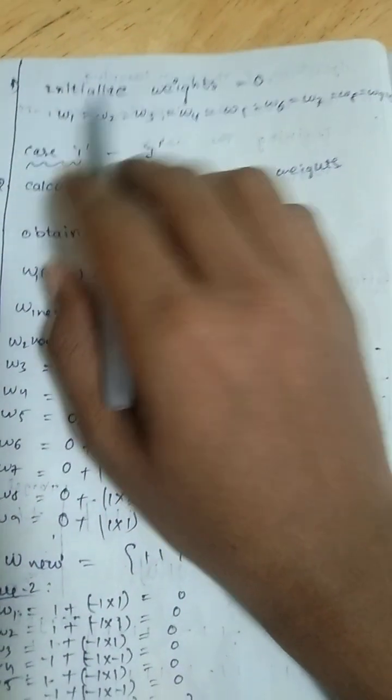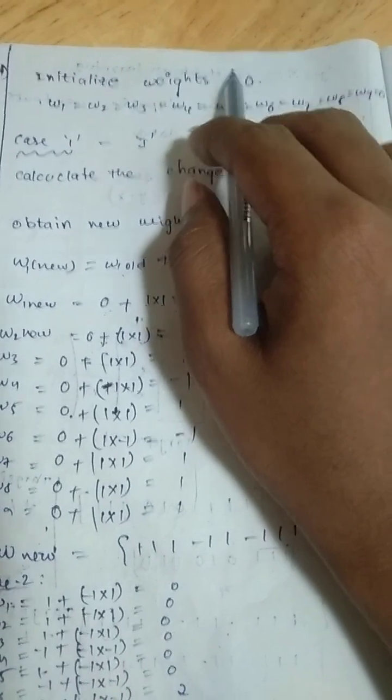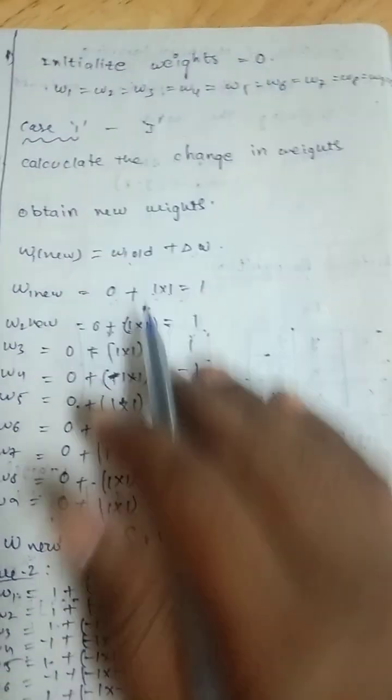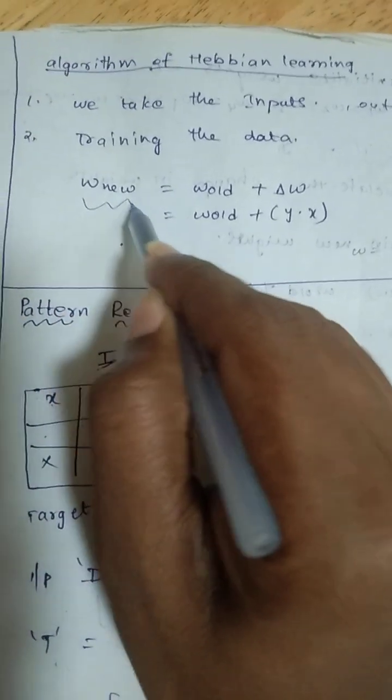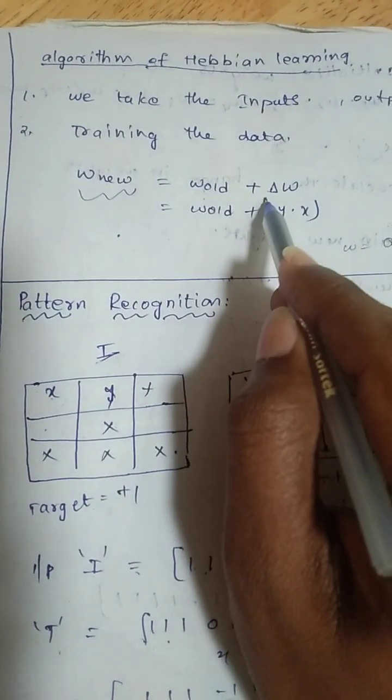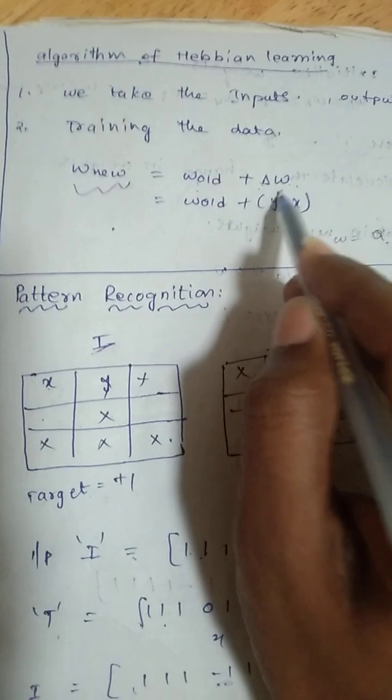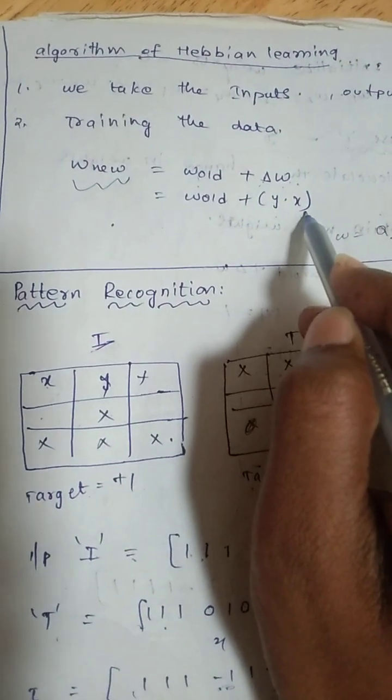At the time of initialization, we have to initialize the weights as 0. Why we initialize the weights as 0: generally we have a formula to calculate the weight value. The new weight equals the old weight plus delta w, where delta w is output into input.